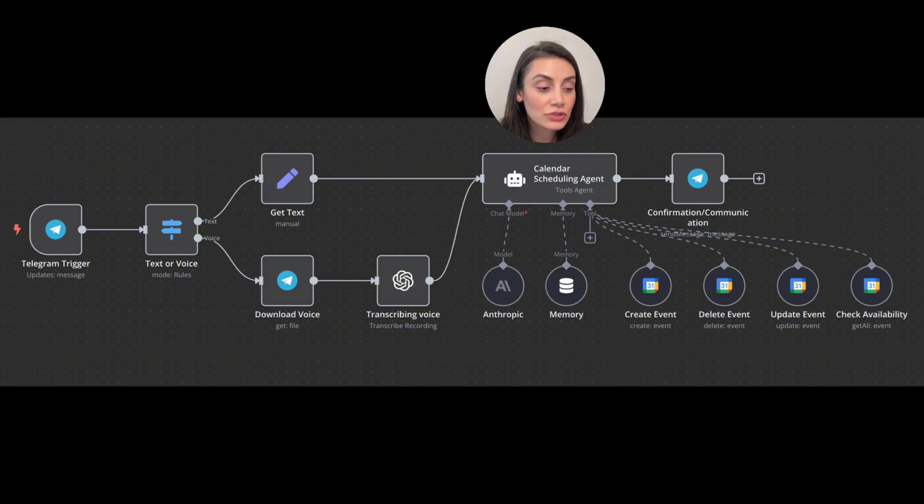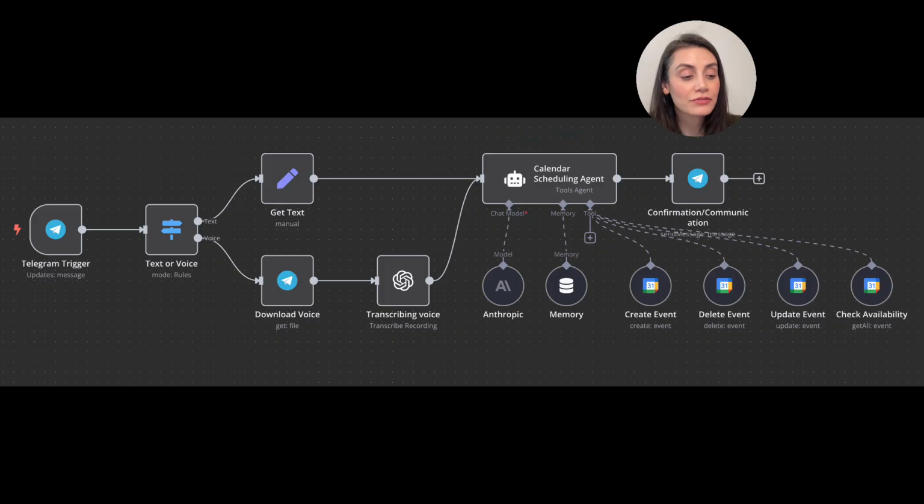Our AI agent requires a model, which is the brain of our AI agent, also requires memory, and finally multiple tools. And after this AI agent, we need another Telegram node that sends us a confirmation regarding whatever action has been done through this process.